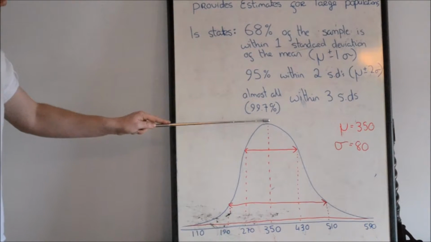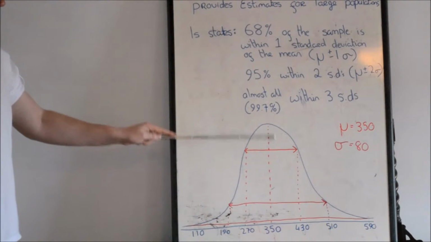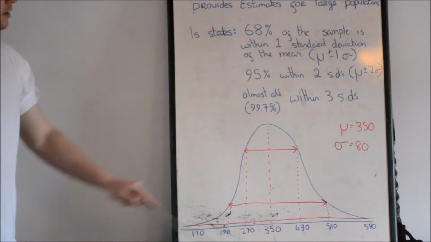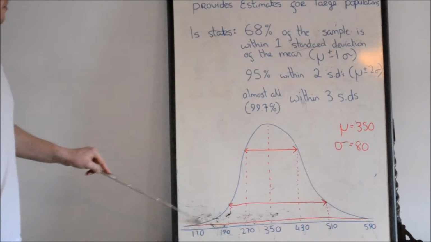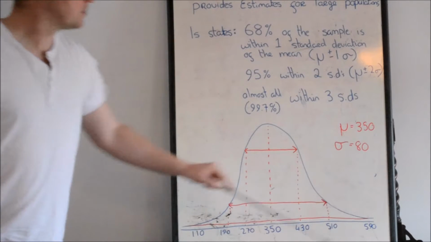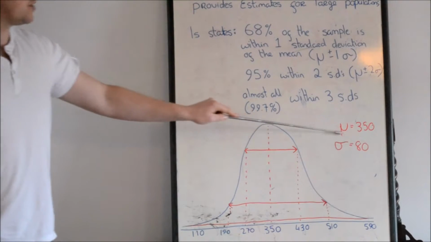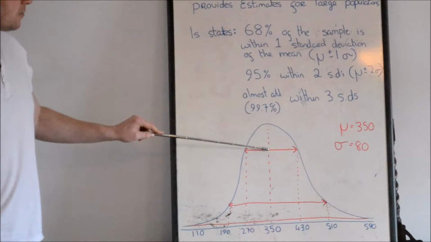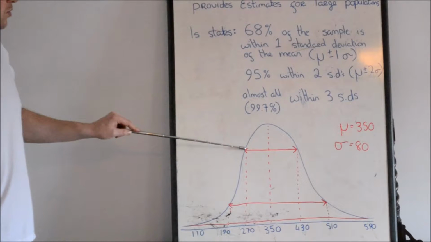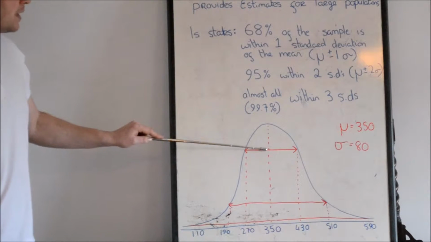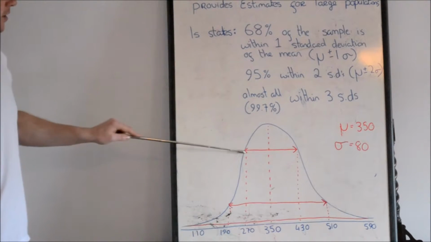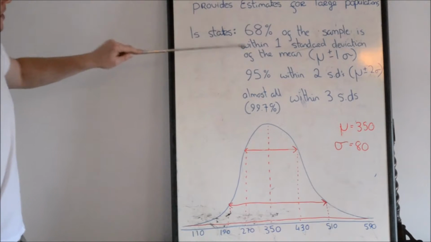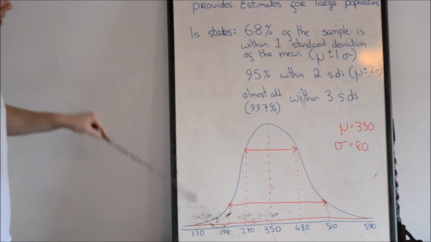So if you look here, the median, which is the average of what everyone got, is in the middle, and it's 350 points. Now, the way the bell curve is shaped, our standard deviation is 80. So if we go one standard deviation either side of this, which is 80, we should catch 68% of the overall population.